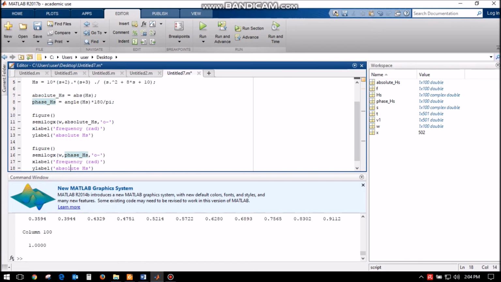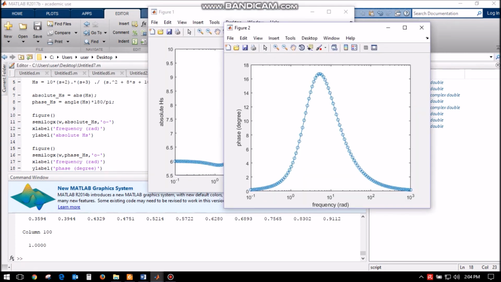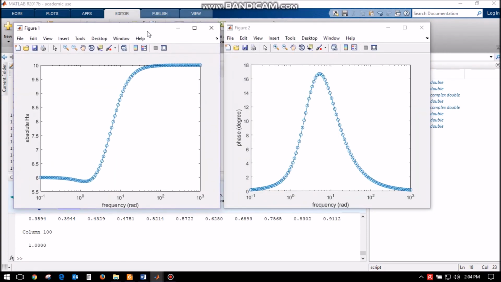Frequency in radians, and that's the phase in degrees. Alright, so that's the frequency response of the transfer function.